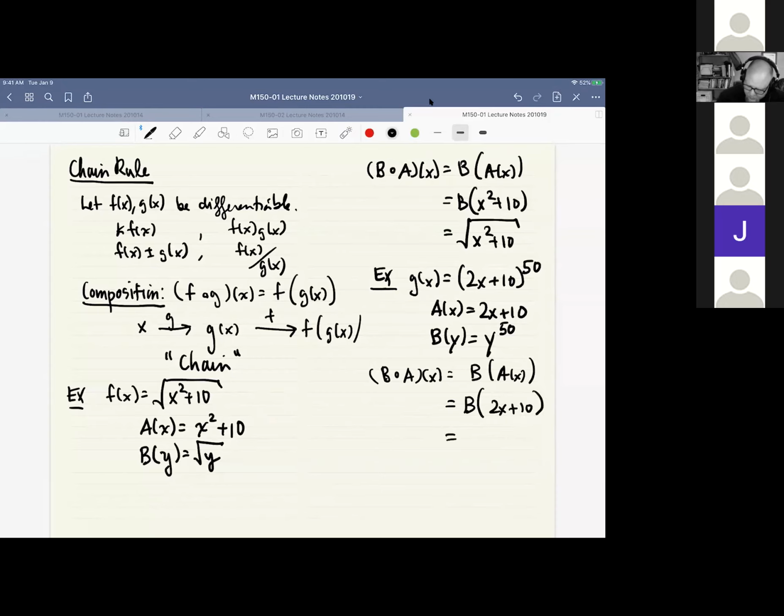And then b of 2x plus 10 is 2x plus 10 to the 50th power. These are two simpler functions that I can certainly take the derivative of. They combine via composition into this complicated function we began with. So the question is, how do the derivatives of these two functions help us compute the derivative of this function? And that's what the chain rule tells us.